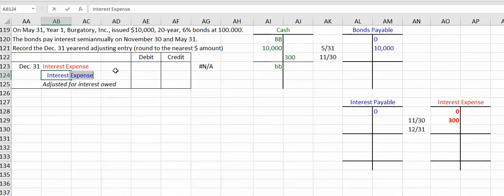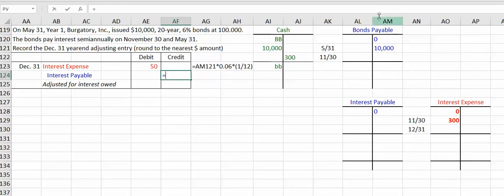So we are going to be having to debit interest expense and credit interest payable for PRT, the amount of money we had use of, $10,000 times the rate of 6%, but we're just recording December's interest. We've paid all the way through November.